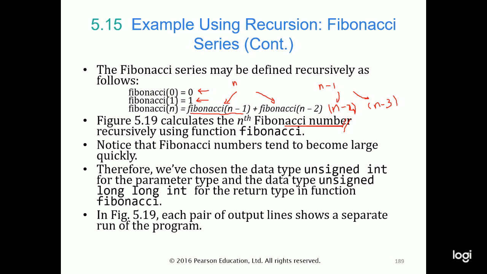So n-2 will again issue a recursive call to the Fibonacci function with n-3 and n-4, and we keep doing this until we get to 0 or 1, and then we're going to return values.